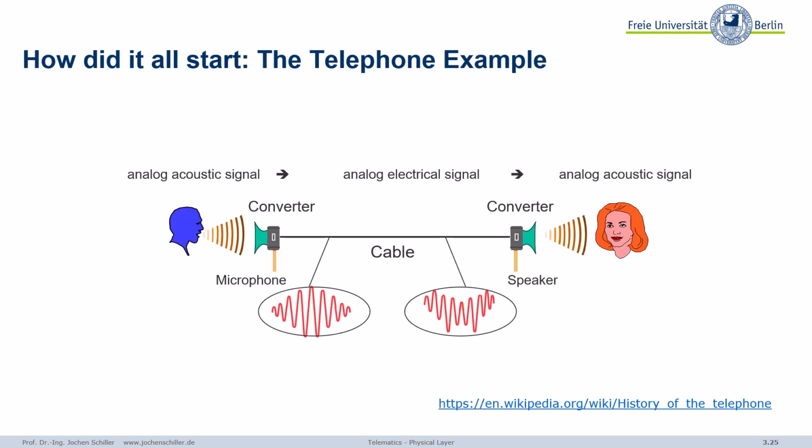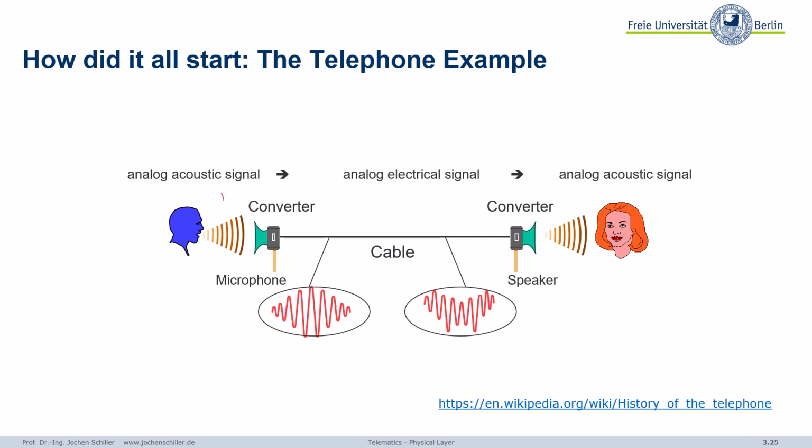Well, basically, there are many different people claiming they were the very first, the inventors of the telephone. So here you see how it started: an analog, acoustic signal converted by what's typically called a microphone.